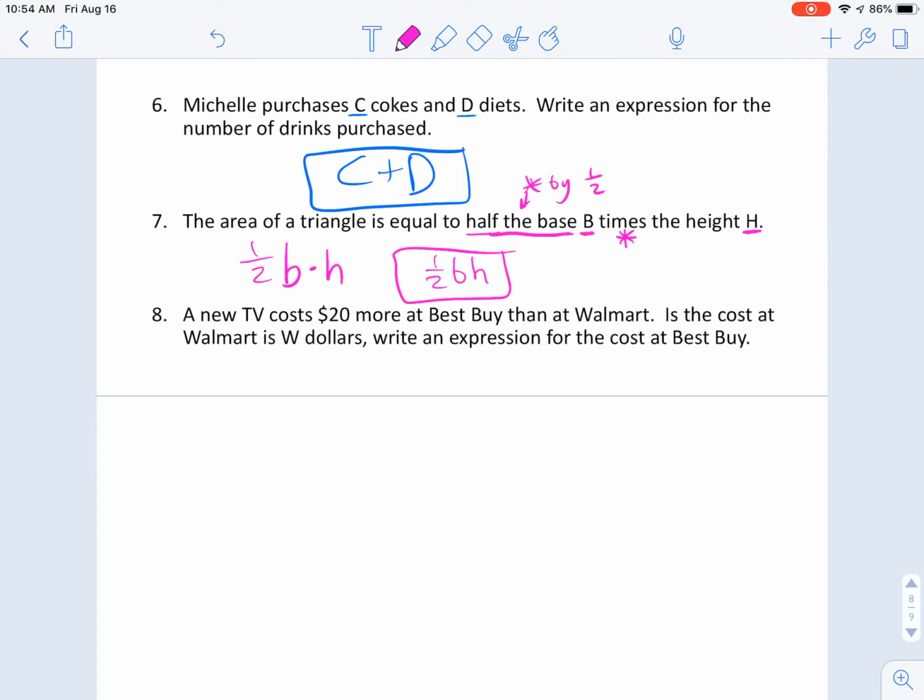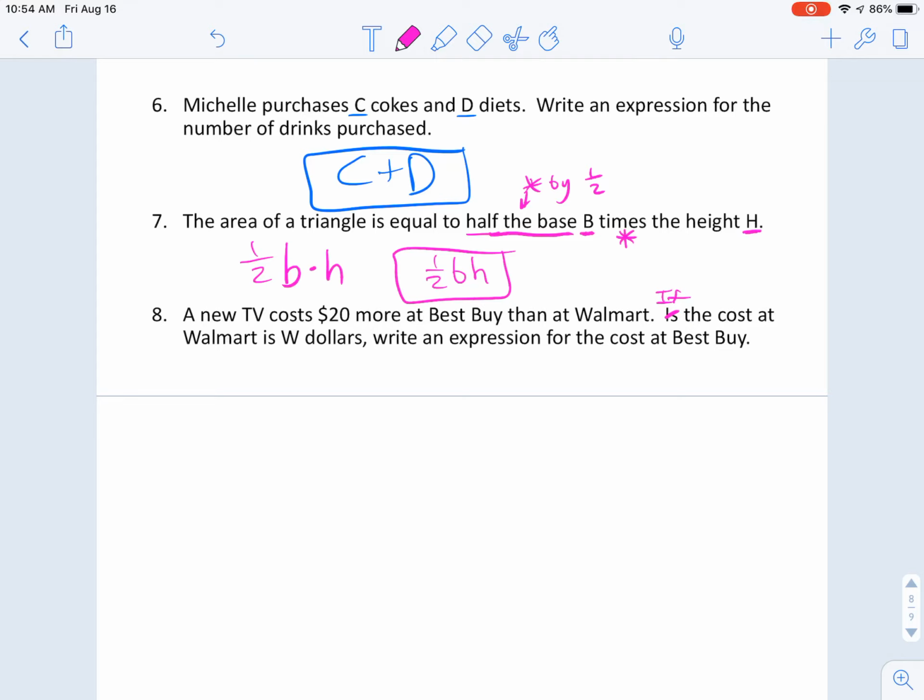Final question of this lesson. A new TV costs $20 more at Best Buy than at Walmart. If the cost at Walmart is $W, write an expression for the cost at Best Buy. So we are going to just be writing how much it costs for Best Buy. A new TV costs $20 more at Best Buy than at Walmart.